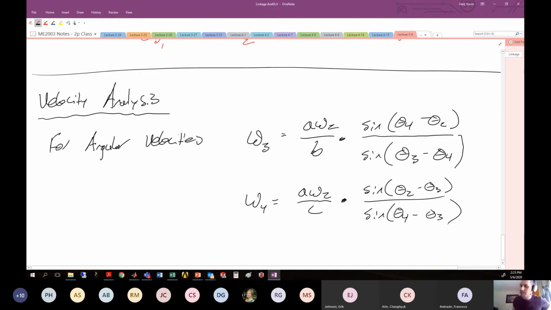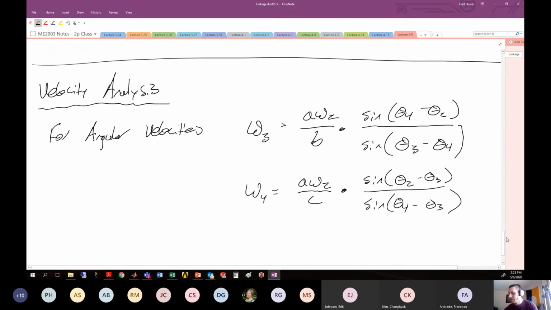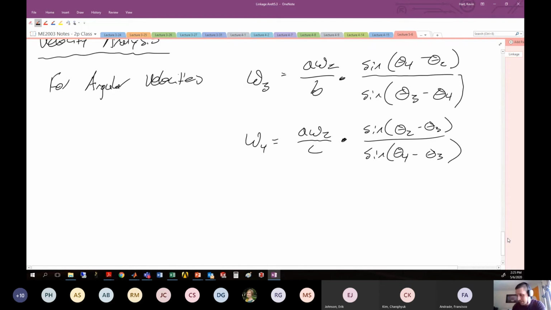Those are your general equations. We talked about how those were derived over the last couple of days. So here are the angular velocity equations that we're going to use. And remember that we're going to get two angular velocities, one for the open configuration and one for the cross configuration. Let's look at this separately, starting with the cross configuration.